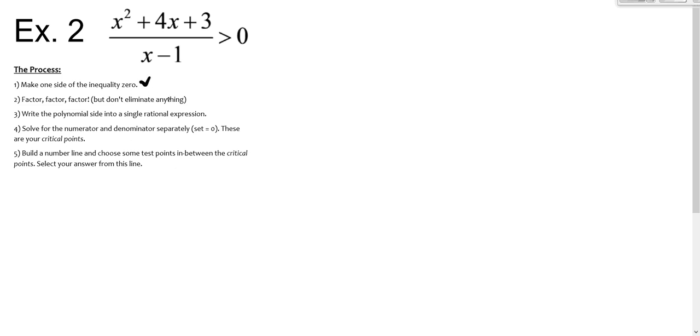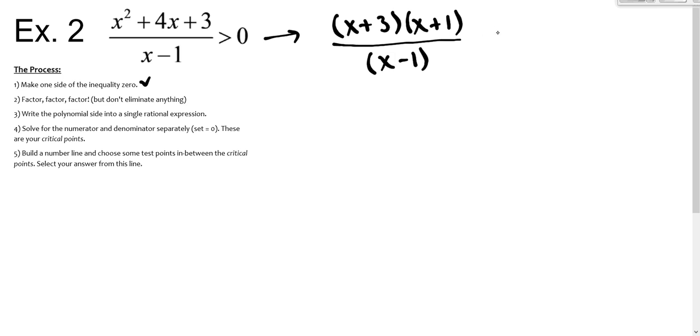Check. Factor, factor, factor. Ooh, this one I actually can factor. So this is going to get turned into x plus 3 times x plus 1 over x minus 1. Okay, it's still going to be greater than 0.